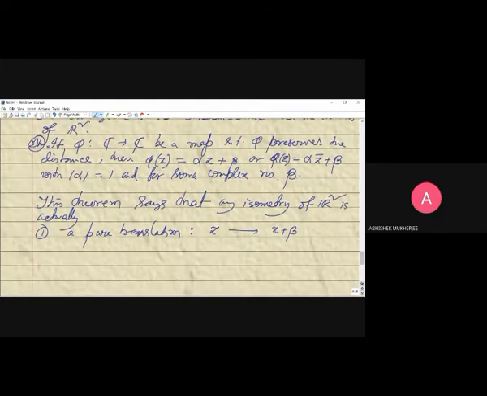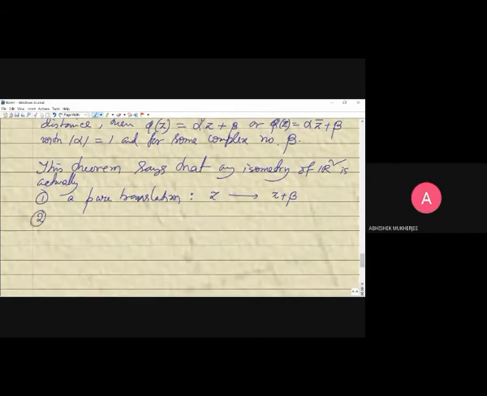Number two, a pure rotation about some center. If you regard this as (0, 0), then you will find that z goes to alpha z, right?